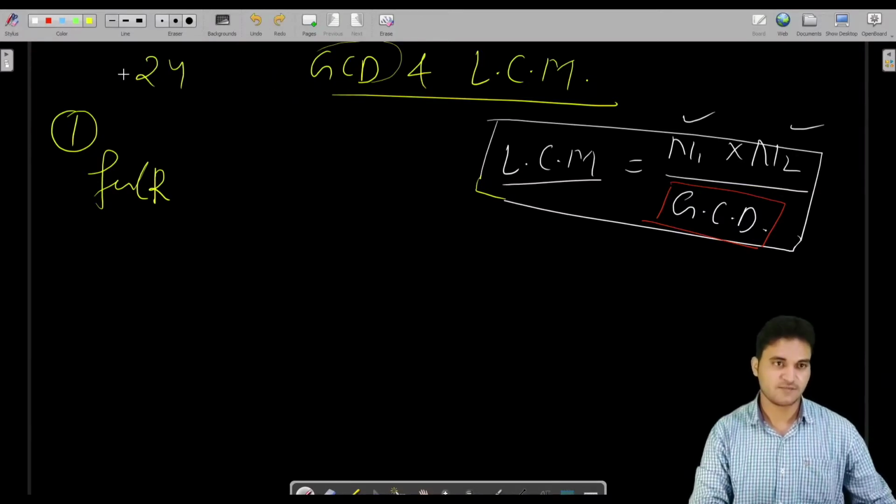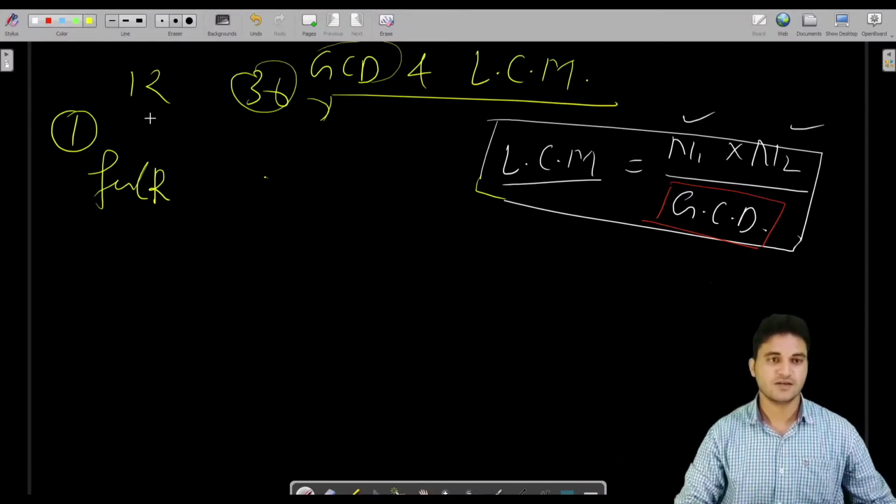Let us say the examples are 12 and 36. I think we will have to run this loop up to the minimum of these, because we have to get a divisor of both of them. Check if that number can divide both of them, then store it in a separate variable. So this is the brute force approach.